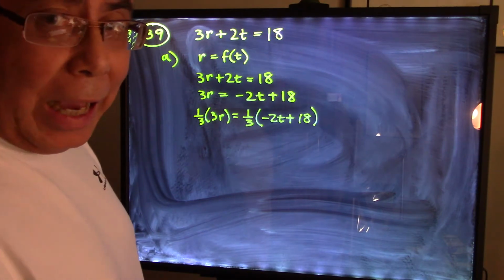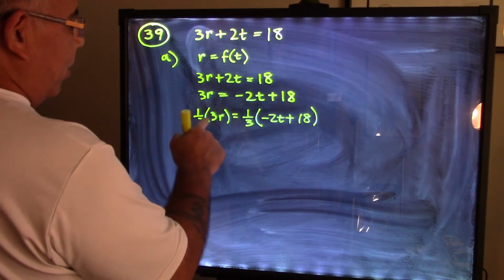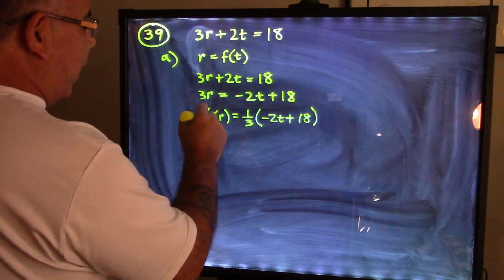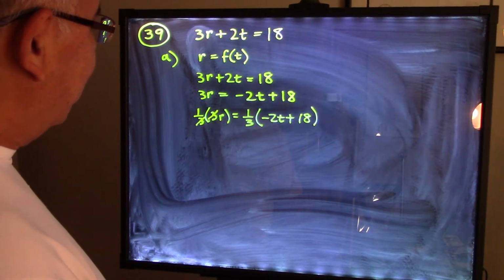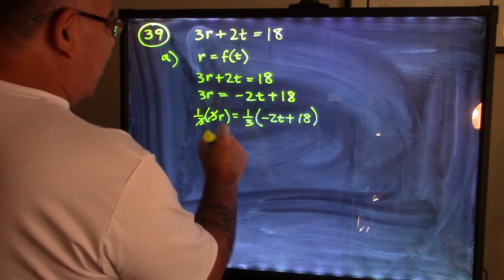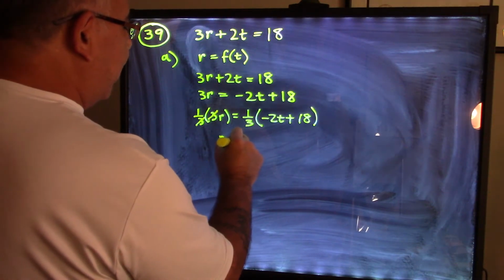If you don't want to divide, just multiply by the reciprocal. So 1/3 times 3 is just 1. So these cancel. Again, canceling doesn't make it 0, it makes it 1, 3 over 3. So that just leaves you with r. We're ignoring a factor of 1 by canceling.